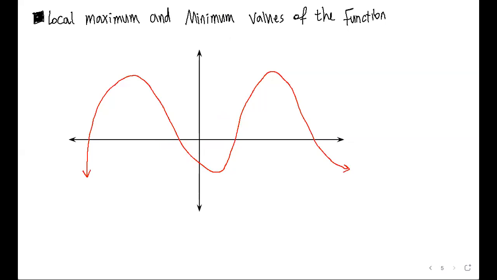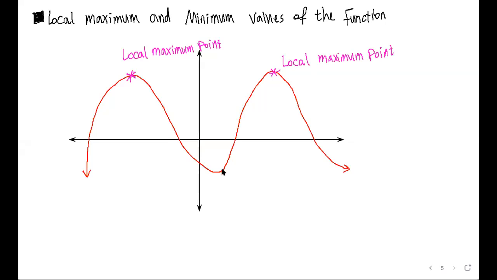Makes sense? So this value here is called the local maximum point. And the same thing here, local maximum point.